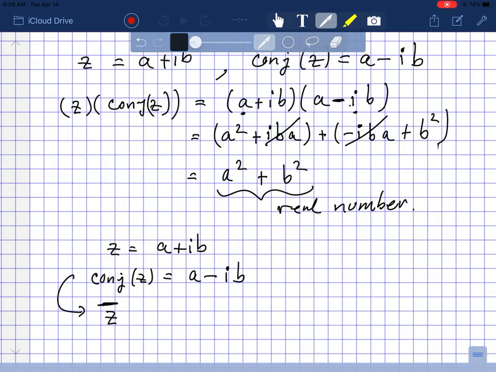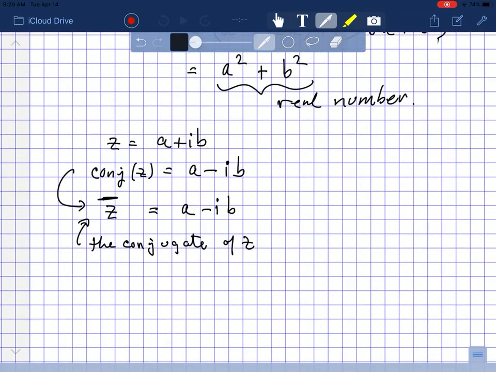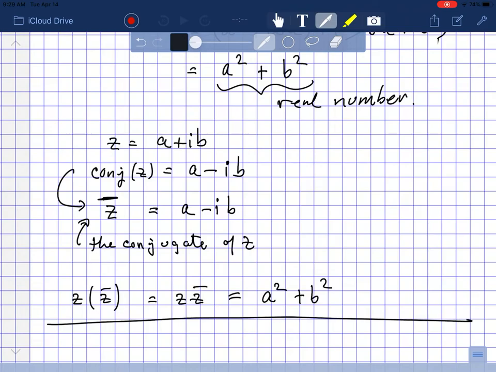So this z with a bar denotes the conjugate of z, and this is equal to a minus i times b in this case. And so we have the following. We have z times the conjugate of z, which often is just written as z times z bar. This is equal to a squared plus b squared. Okay?